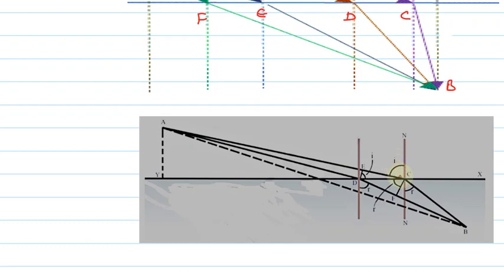Let us mark this as the angle of incidence and this is the angle of refraction at point C. And at point D, let us take the angle of incidence and angle of refraction.